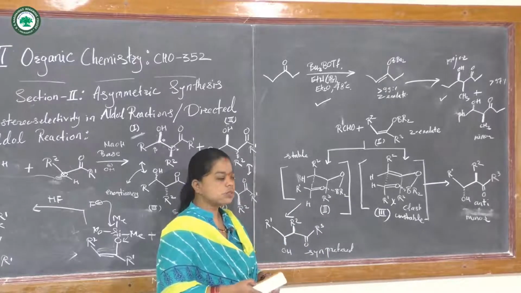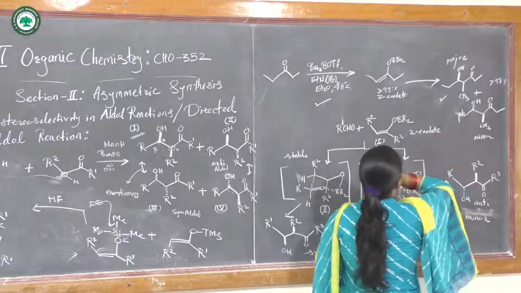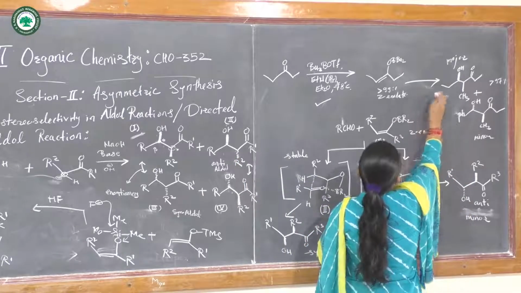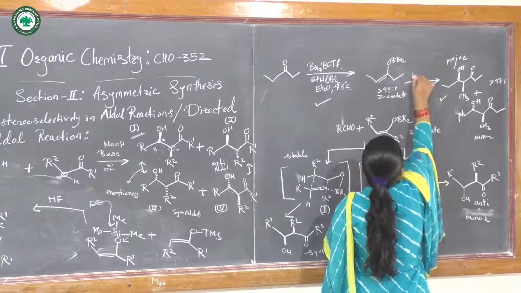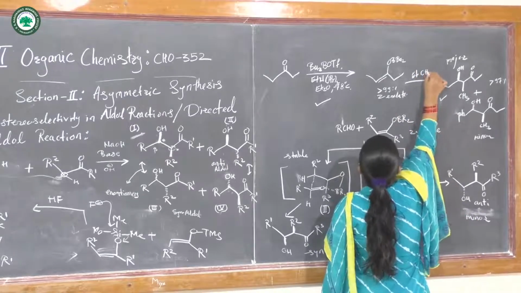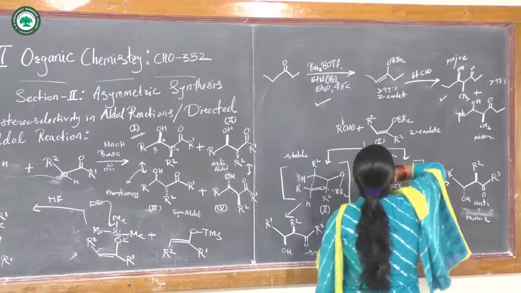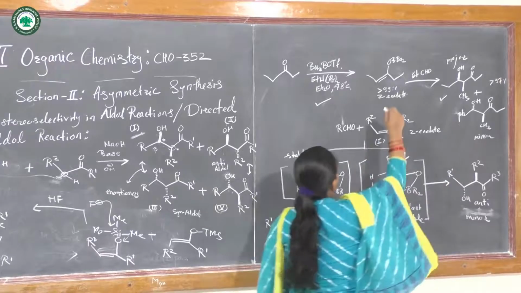This Z enolate reacts with the corresponding carbonyl compound used. Here it is the propanaldehyde molecule.